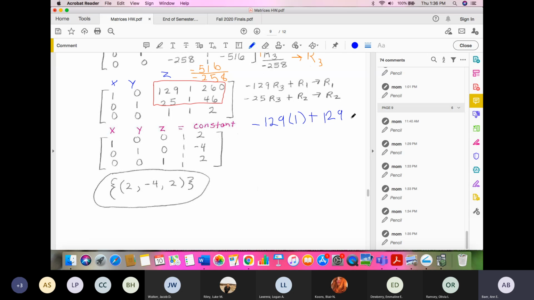And what is that equal to? It's equal to 0. That gives us 0 right there, because what we did is going into row 1.